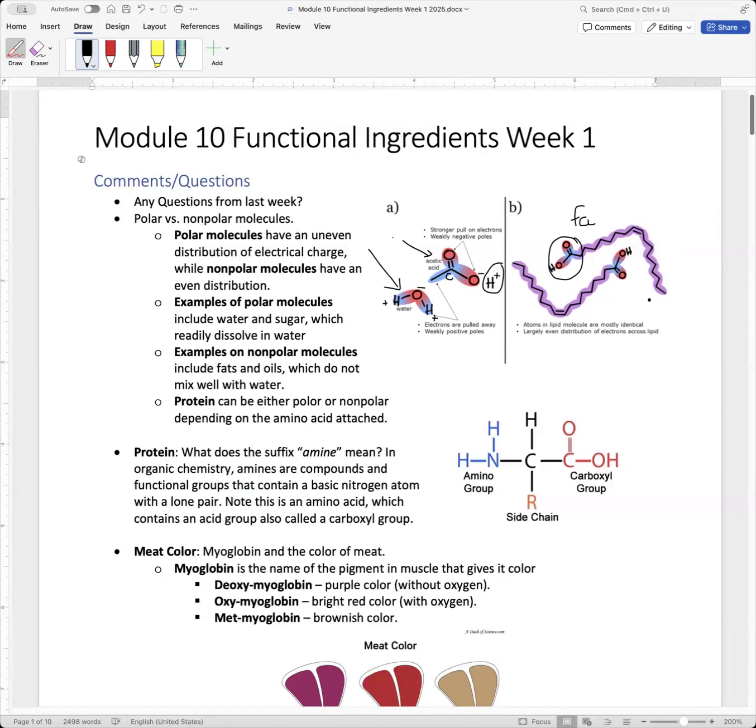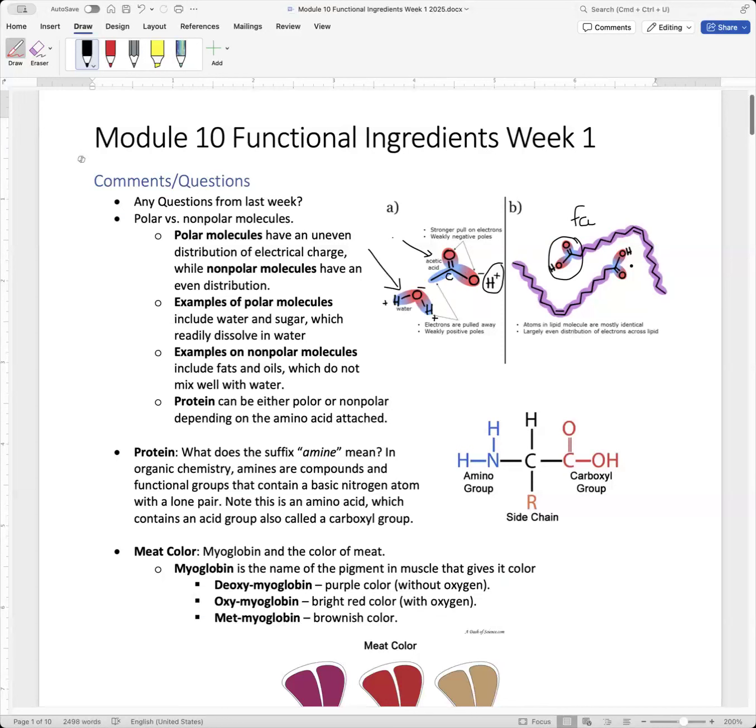So this is non-polar, right? If we have vinegar, acid, over here, and oil over here, they don't mix, because this is polar and this is non-polar. They separate from each other. They don't interact with each other. Does that make sense?